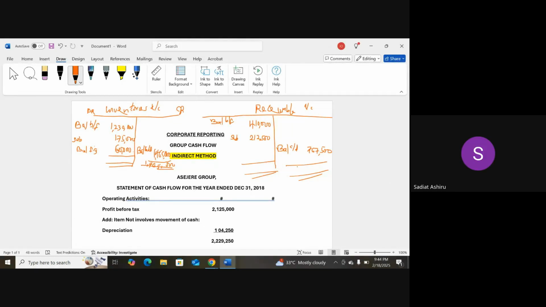Okay, so we can write the one that is higher first: 767,500. Then look for the difference. What is the difference? 145,000. 145,000 is our balancing figure.